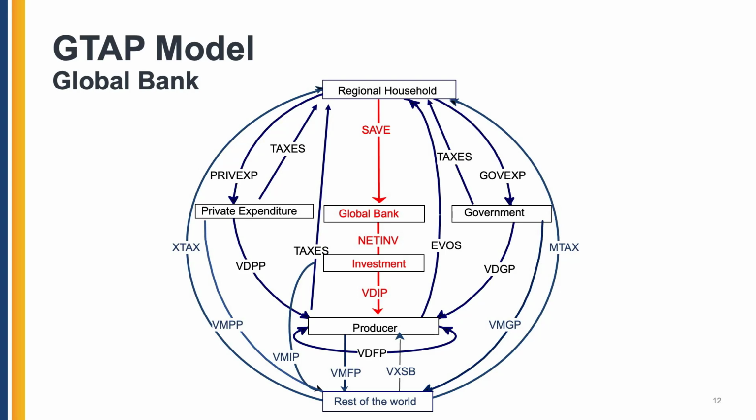And so capital will earn its return based on the global average return and the differential between potential investments in different regions. Again, like some other things, this is a fairly complicated mechanism that we've introduced to make the model conform to the data we have on investment. And we'll have specific training available on the global bank mechanism.